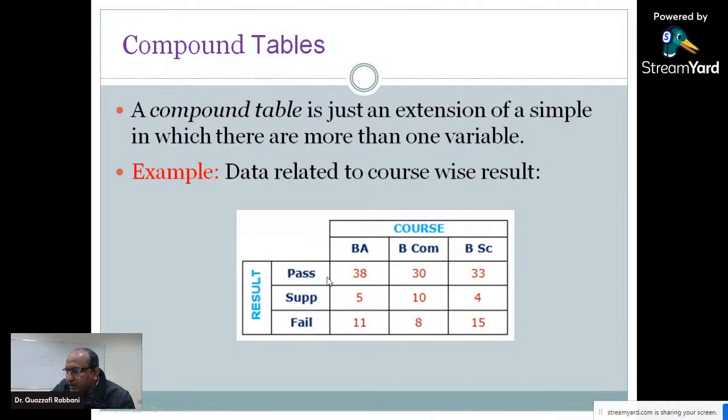BSc, 33 pass, 4 supplementary, and 15 fail. So this is the two-way representation of data, known as the compound table, in which there are two variables. One is program and the second is their result. So program and result, the data can be represented like this.